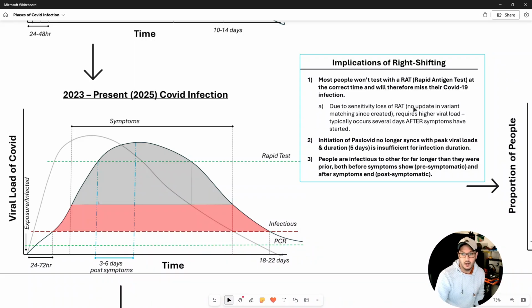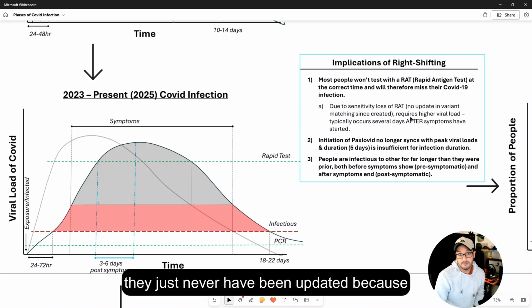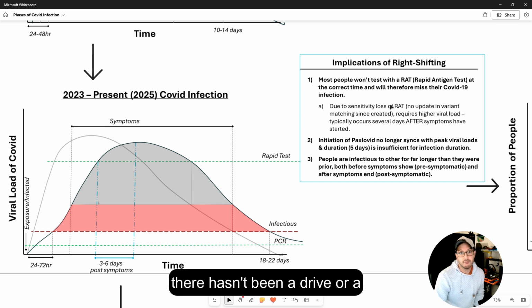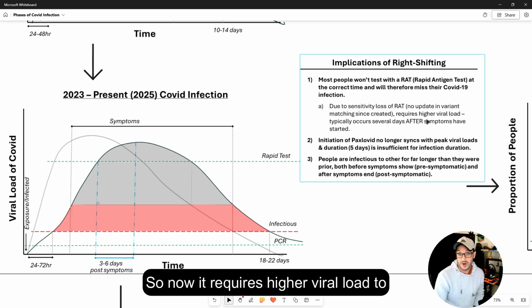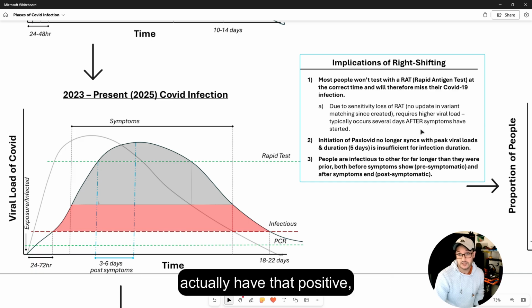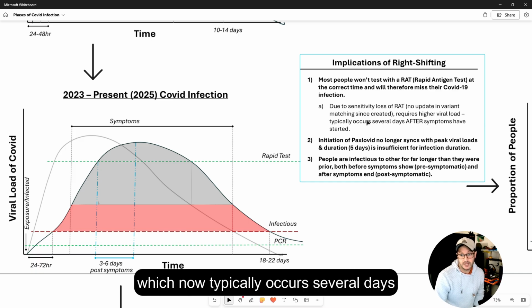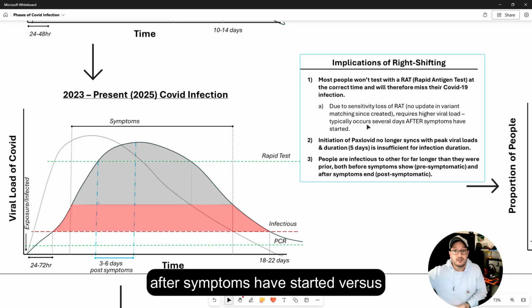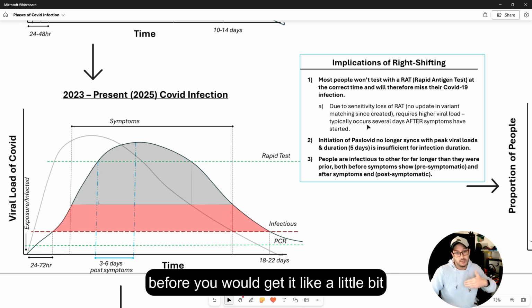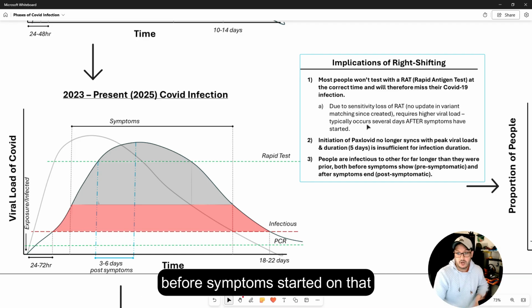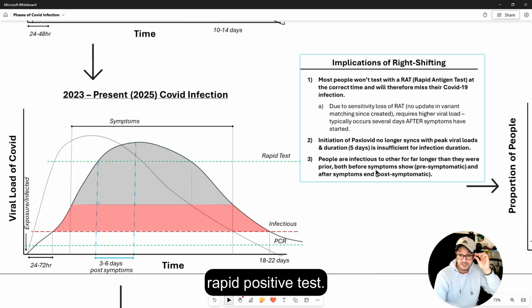And they just never have been updated because there hasn't been a drive or a desire to update this. So now it requires higher viral load to actually have that positive, which now typically occurs several days after symptoms have started, versus before, when you would get a positive a little bit before symptoms started.